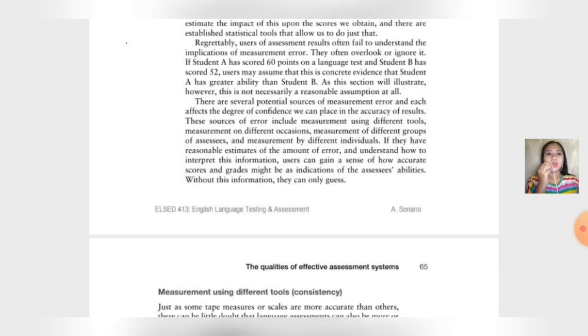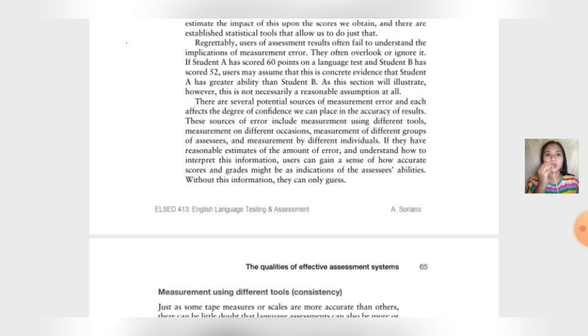There are several potential sources of measurement error, and each affects the degree of confidence we can place in the accuracy of results. These sources of error include measurement using different tools, measurement on different occasions, measurement of different groups of assessees, and measurement by different individuals.